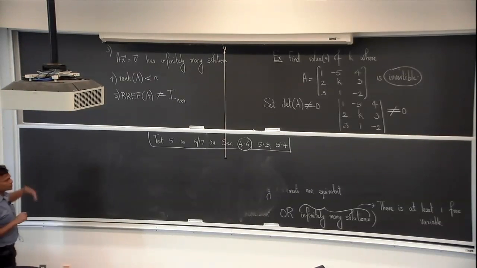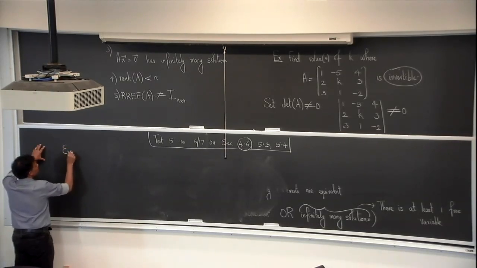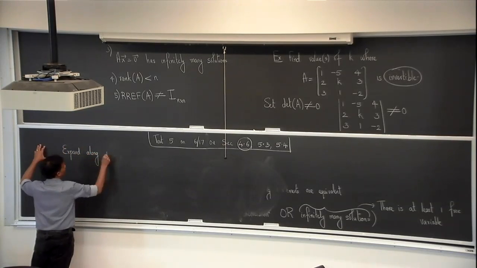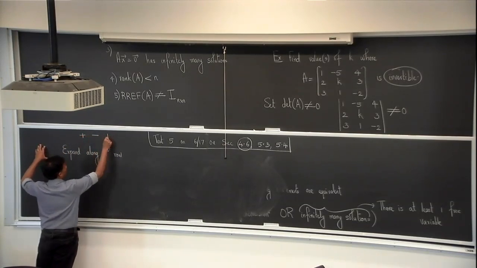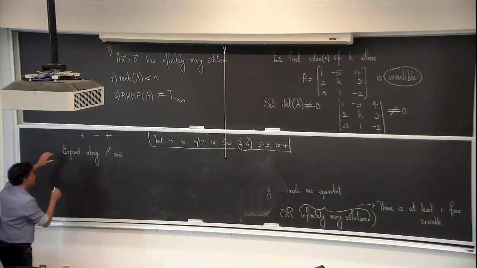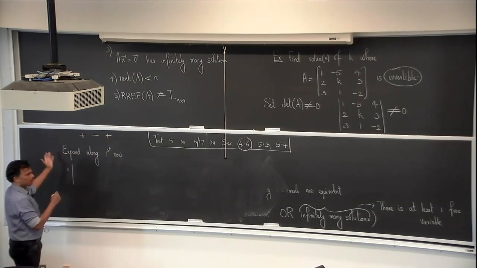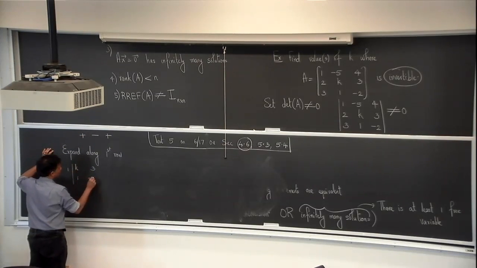Feel free to use whichever row you want. Don't forget, first row has a positive, negative, positive sign convention. So it's going to be 1 times the cofactor of 1, which is, I'm just going to write multiple steps, you don't have to write all this, the determinant of k, 3, 1, -2.